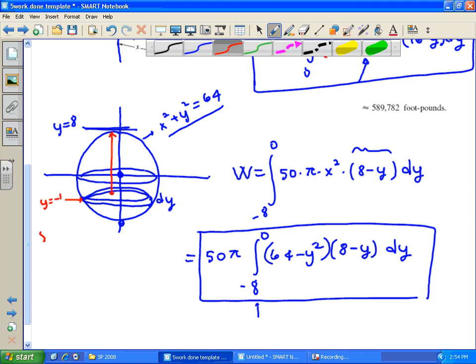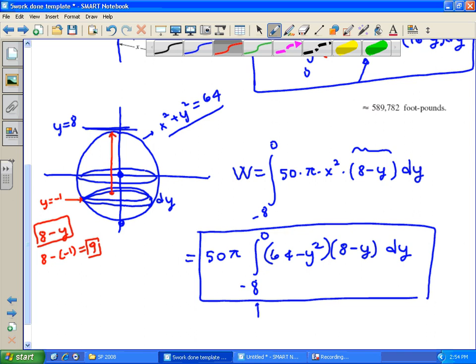If you go 8 minus y, you would have 8 minus -1, and indeed that formula really works even when the slabs are in the negative region. So 8 minus -1 is 9. Indeed, the slab is 9 units away from the top. So 8 minus y is an expression that will describe the distance that each slab has to be carried all the way to the y equals 8 level. And whether the slab is on the top or on the bottom, that same expression will work.